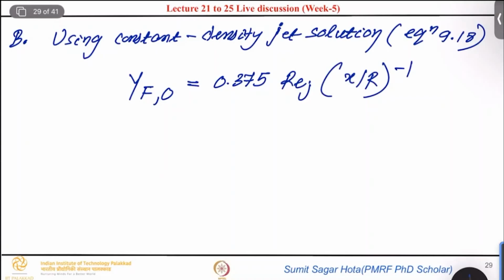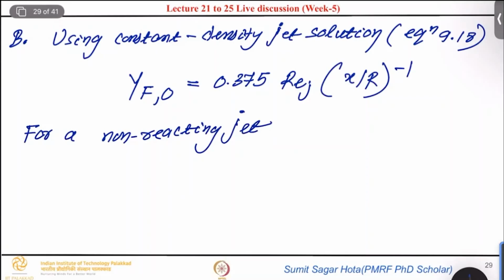Now for a non-reacting jet, Y F of O is equal to the mixture fraction.